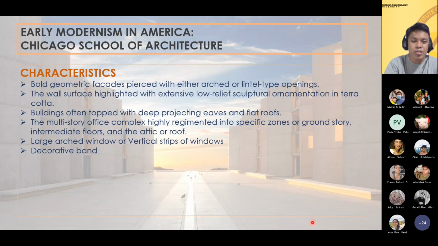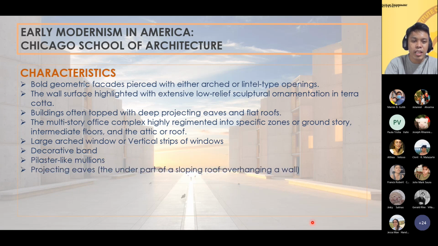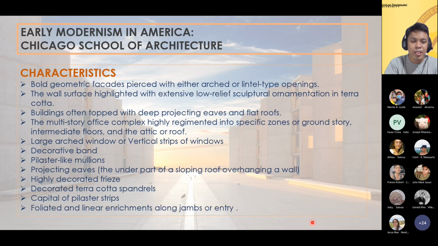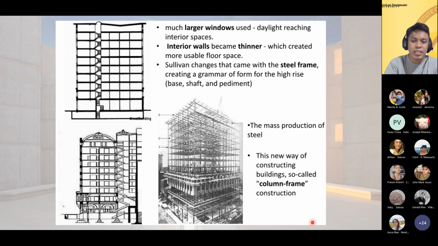And then we have large arched windows or vertical strips of windows. We have decorative band. We have pilaster-like mullions, and we have projecting eaves. We have highly decorated frieze, decorated terracotta spandrels, capital of pilaster strips, foliated and linear enrichments along jambs or entry.